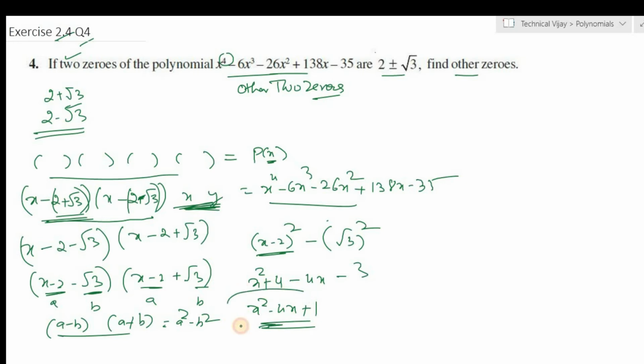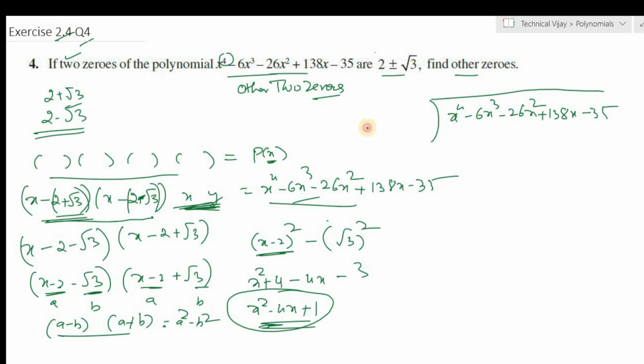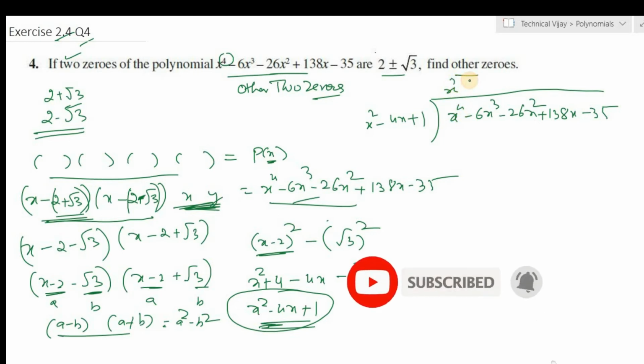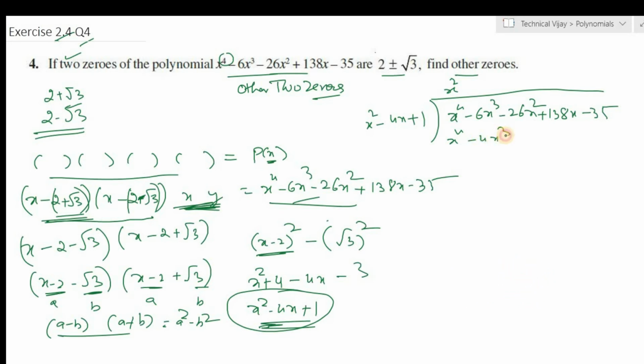Now we will divide x to the power of 4 minus 6x cube minus 26x square plus 138x minus 35 by x square minus 4x plus 1. Here x to the power of 4 is there, so x square will multiply. So x fourth minus 4x cube plus x square, with signs changed, plus minus.